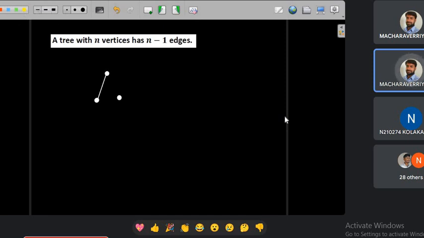Why? Because between any 2 vertices, maximum we can have 1 edge. So like this you can easily count that if you have a tree with n vertices, there must be n minus 1 edges. Suppose you take a tree with 3 vertices.